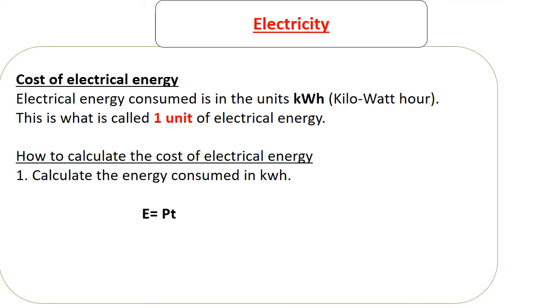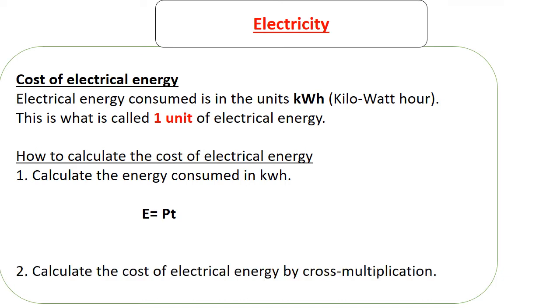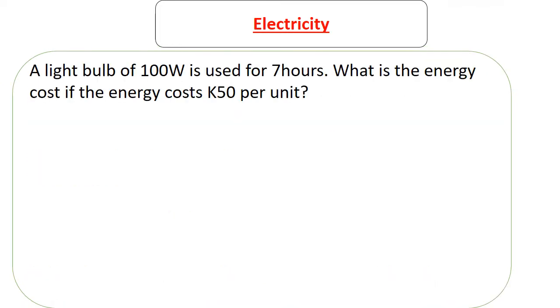So the energy, in short, is just power multiplied by time in hours. Next, you calculate the cost of electrical energy by cross multiplication. Usually they'll give you a kwacha value proportional to 1 unit of electrical energy. So you will say 1 unit of electrical energy is equal to this kwacha value, and about this amount of units have been consumed. So we're going to do cross multiplying, as you are going to see in an example.